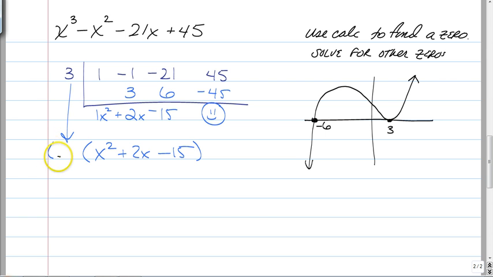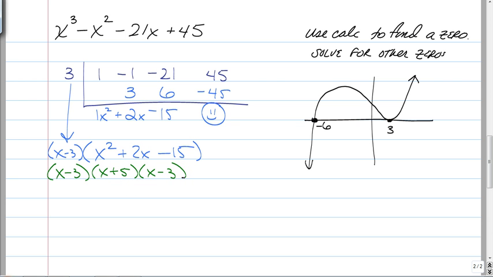And don't forget, we also have our x minus 3 because the 3 came from an x minus 3. But we're not done. We can continue factoring. So this can go further. Don't forget your x minus 3. What multiplies to a -15 but adds to 2? That would be an x plus 5 and an x minus 3.